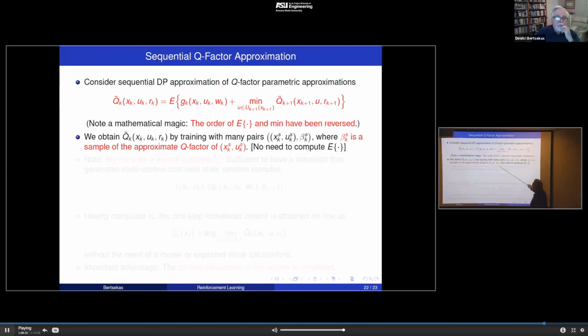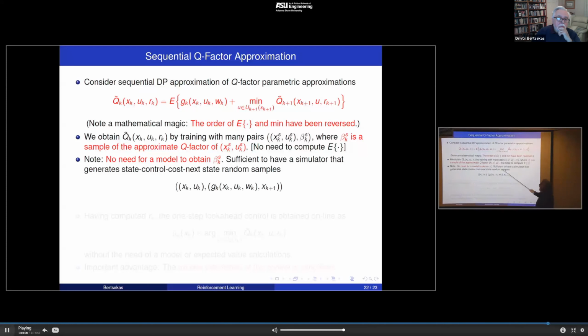So specifically, we obtain the parameters Rk by training with many pairs, sample state action pairs, and the corresponding samples of the approximate Q factor. And that sample need not include a full expectation, maybe just a sample value corresponding to a sample value of the corresponding random variable. In fact, I can do all these calculations without a model.